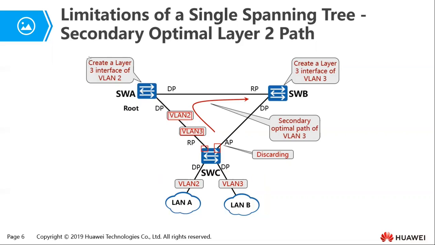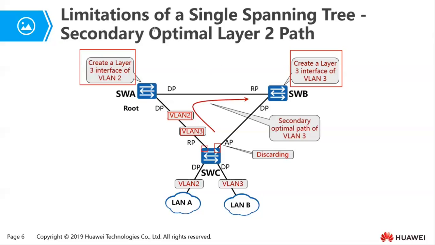Now, switch A is connected to a layer 3 interface that is supposed to deliver VLAN 2 traffic, while on the other hand, switch B here is connected to a layer 3 interface that is supposed to deliver VLAN 3 traffic to its destination.